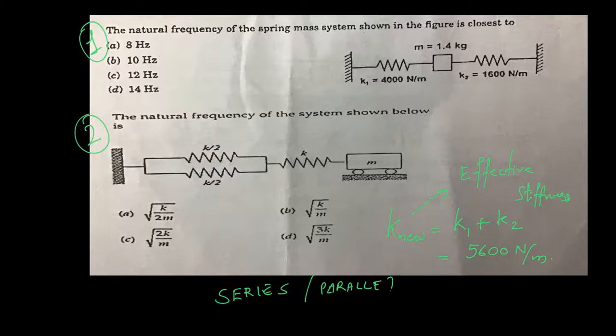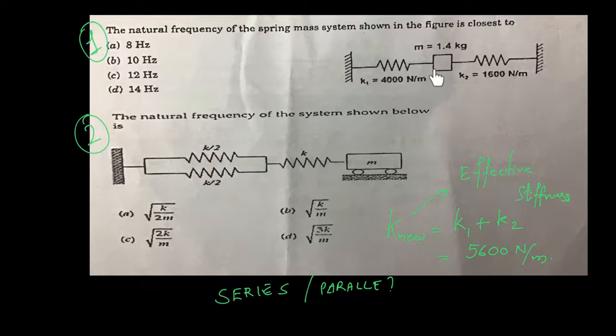Or in other words, you can also think in another way. Let's say what will be the stiffness offered by the system if I am moving this by, let's say, unit length dimension, that is a meter or an mm. Then there are two resisting forces. This will resist because this spring is getting compressed, so this spring will push here.